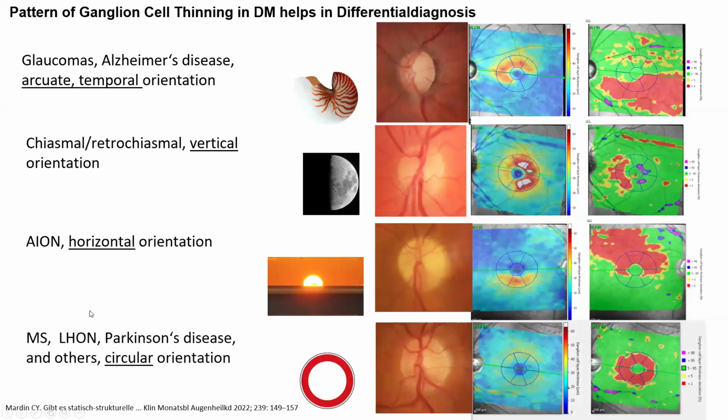And the fourth change is the red circle sign you may see in patients with multiple sclerosis, Leber's optic neuropathy, Parkinson's disease, and other diseases. I have also shown you toxic diseases showing this typical circle-shaped atrophy of the ganglion cells, beyond the 99th percentile, flagged in red in the deviation maps, and therefore we call it a red circle sign.